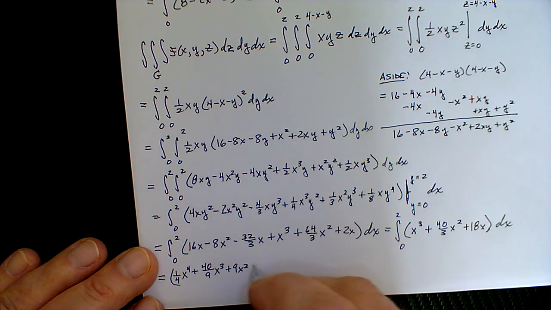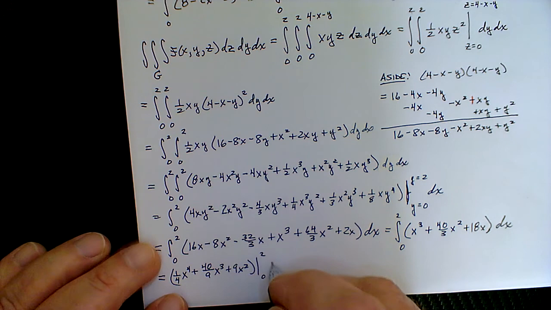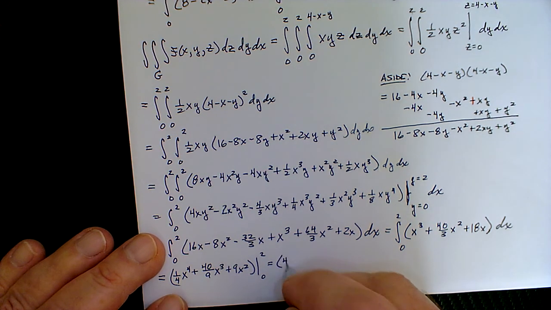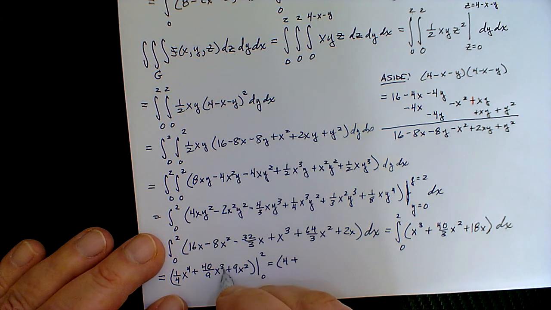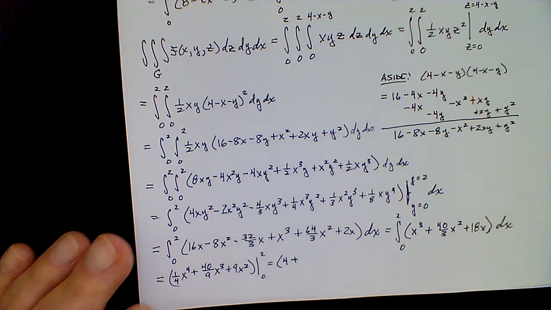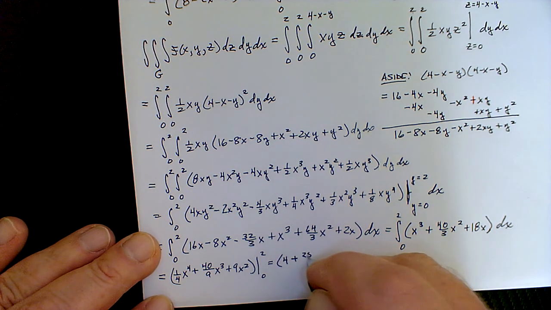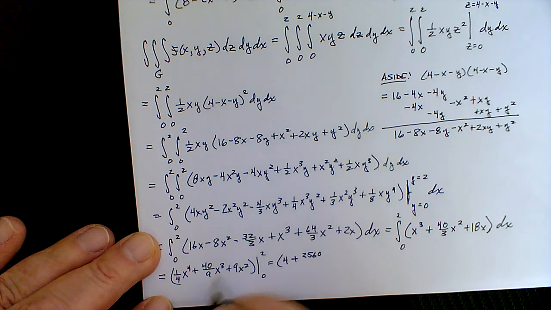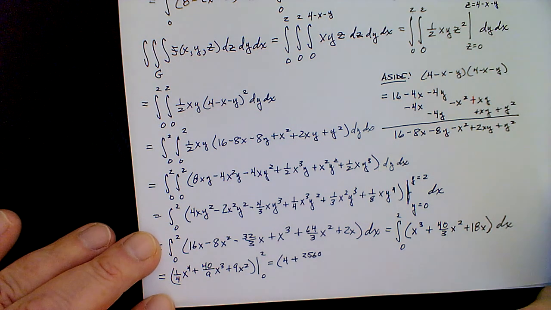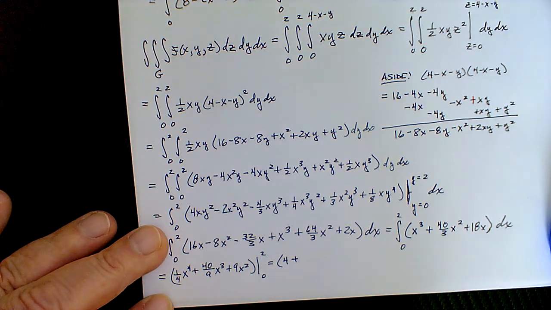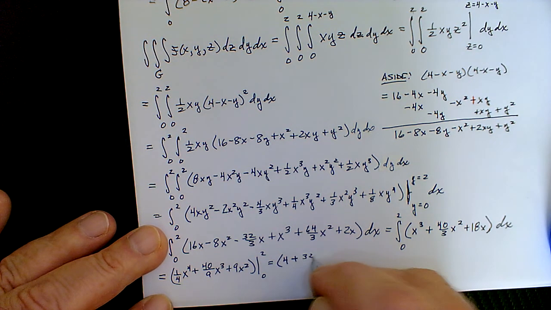So let's see, that's 16 over 4, plus 8 times 40, gonna get a calculator for that. Oh, that wasn't 64, that was just 8 times 40. I'm sorry. So 320 over 9 and 36.